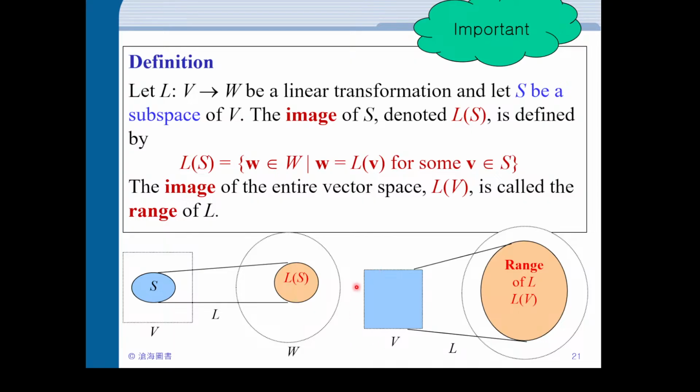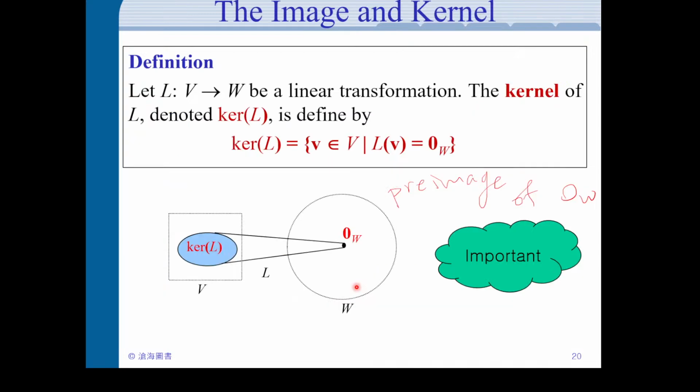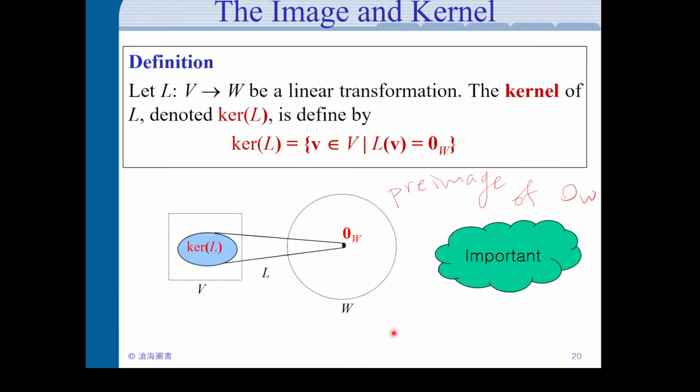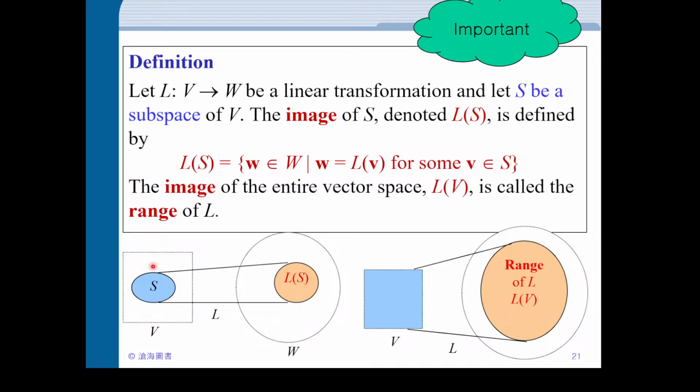Okay. And so those are the three important concepts in this section. We have kernel, image and range. Kernel is a pre-image of 0, and the image is the image of whatever subspace you have.